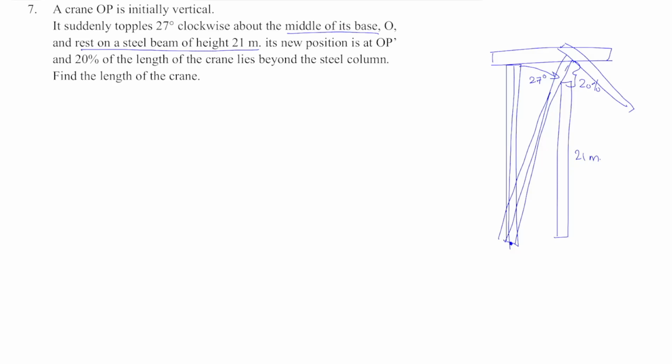So with this I will draw a new sketch so it's more legible. So my OP, let's draw a vertical line first. So this will be O and this will be P, right?